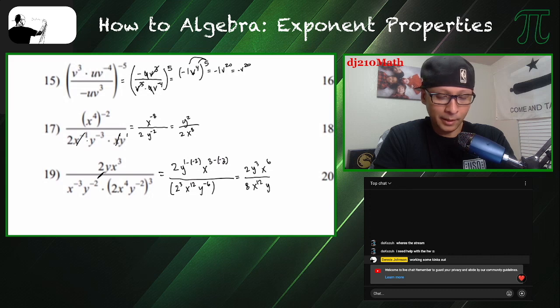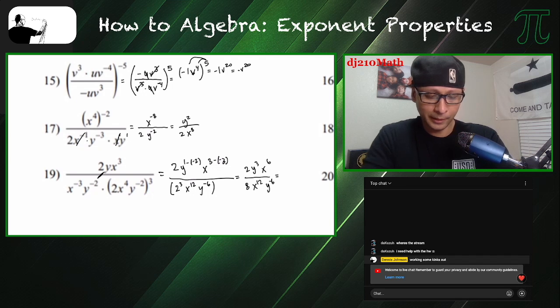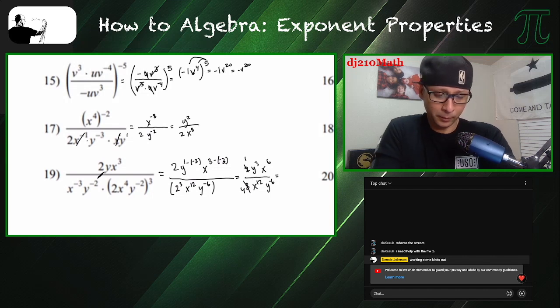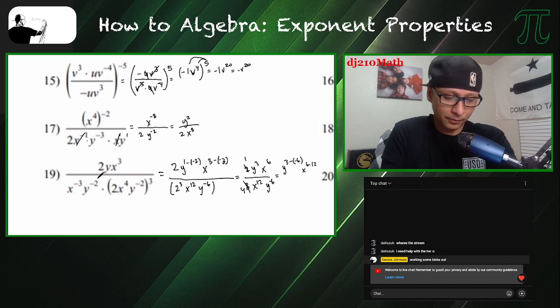Okay, so y to the negative 6. So here we have, so this is going to cancel. 2 and 8 are going to make 1/4. So we have y, 3 minus negative 6. And then x, 6 minus 12.